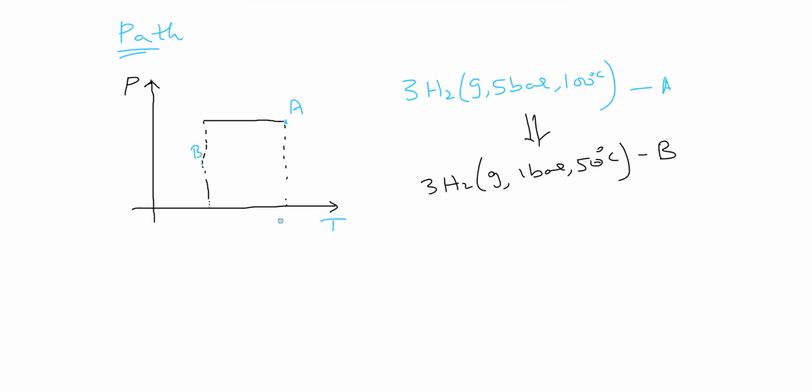Initially it was 100 degrees Celsius, and this state B is 50 degrees Celsius. And here we have to see the pressure. Initial pressure at state A is 5 bar, and here it is 1 bar. So the first path would be constant pressure, that is, pressure is kept at 5 bar and temperature is reduced from 100 degrees Celsius to 50 degrees Celsius.